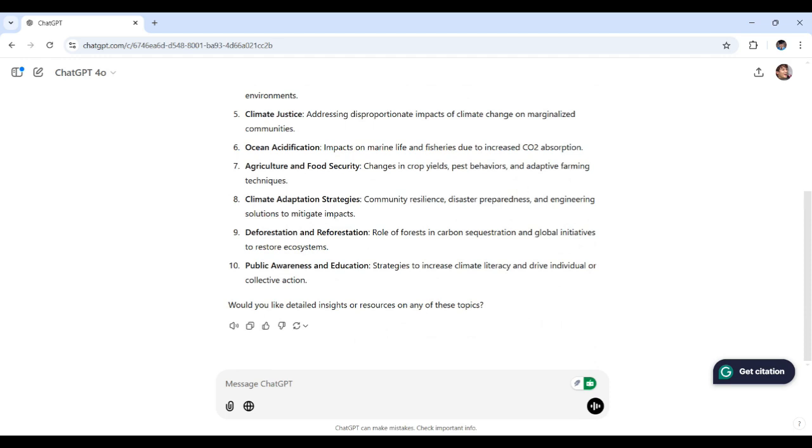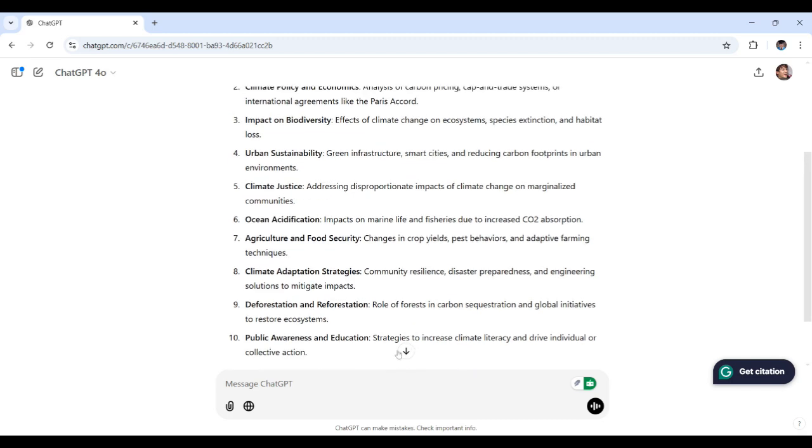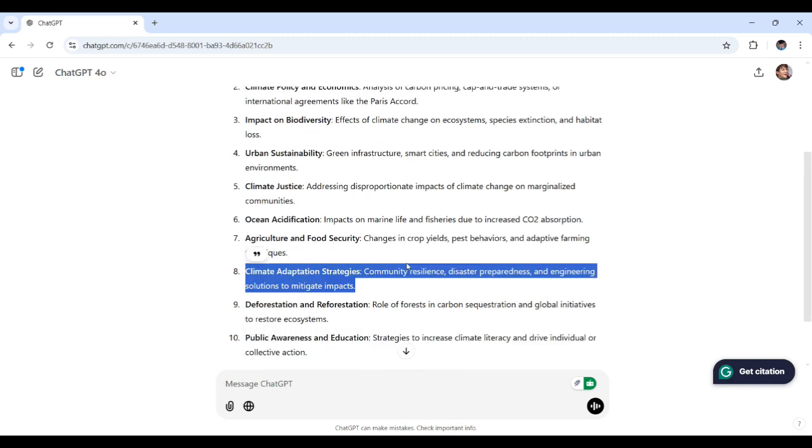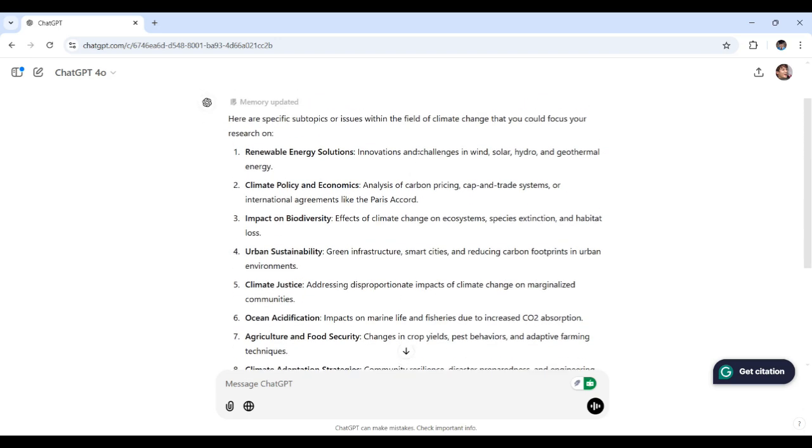And the last one, there could also be public awareness and education strategies to increase climate literacy and drive individual and collective action. Okay, so these are fantastic starting points because they're specific yet broad enough to dive deeper into. From here, you can start identifying the one that resonates with your interest or fits your academic requirements.